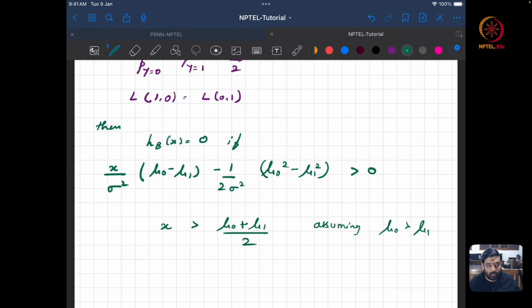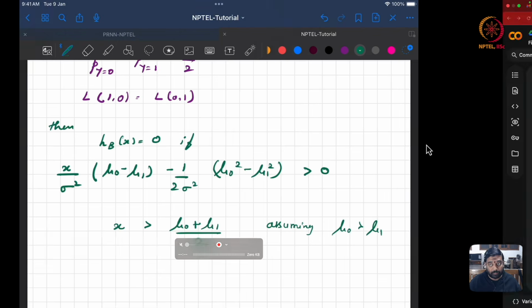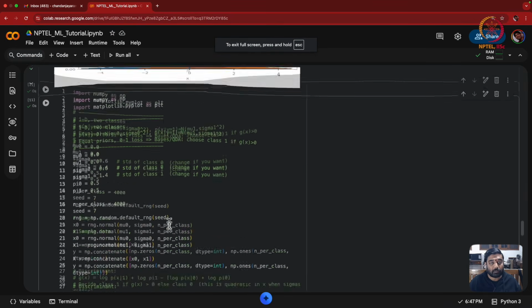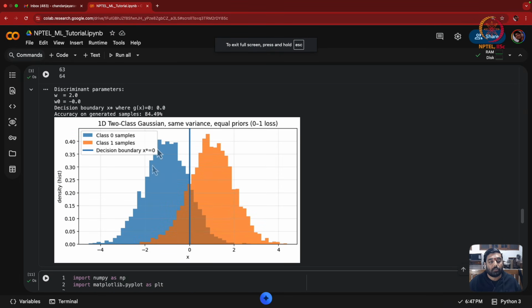Now, how does it look? These things I can simulate, right? I know the values of my sigma, I can fix it. I can fix some mu's and then see how they look. That's what exactly I have done. This is class 0 and this is class 1. This is your decision boundary. This is your discriminant function.